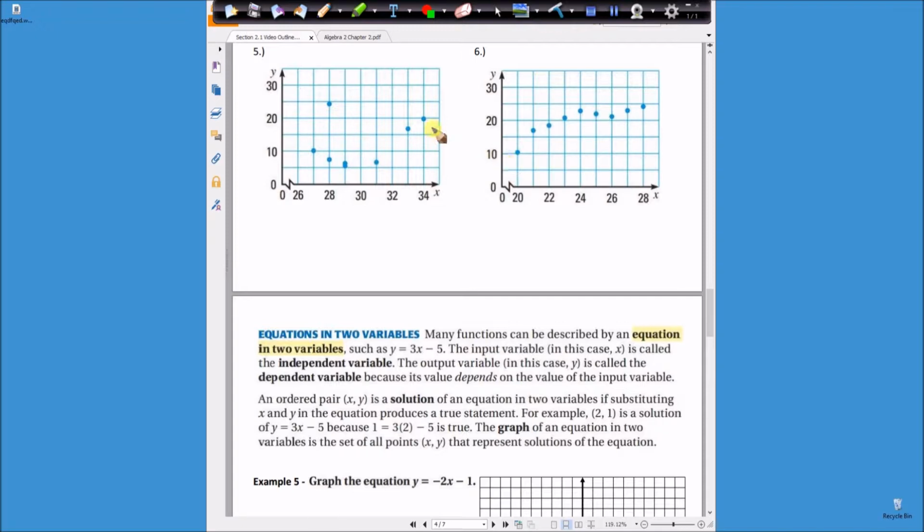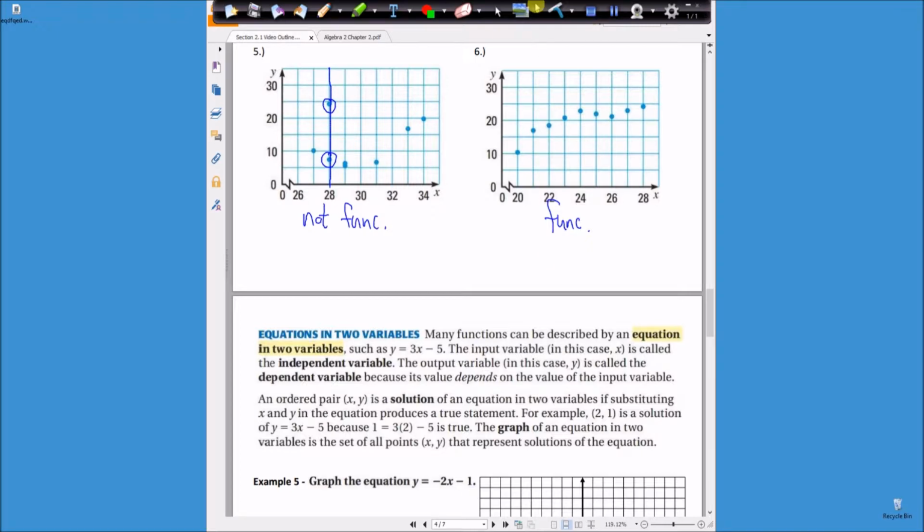No problem there. But here we have the issue. Here's a vertical line that touches 2 points in this relation. So the first would be a function, because every vertical line only touches one piece of data, but this vertical line crosses 2 points, and so this is not a function.